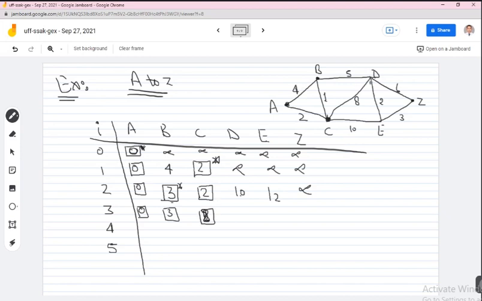From B I can go to D, and its value is 3 plus 5, which will be 8. There is no distance from D to B and D to G, so I will write infinite. So in this case, only 8 is the minimum, because the others are infinite. I have already taken the permanent label of A.